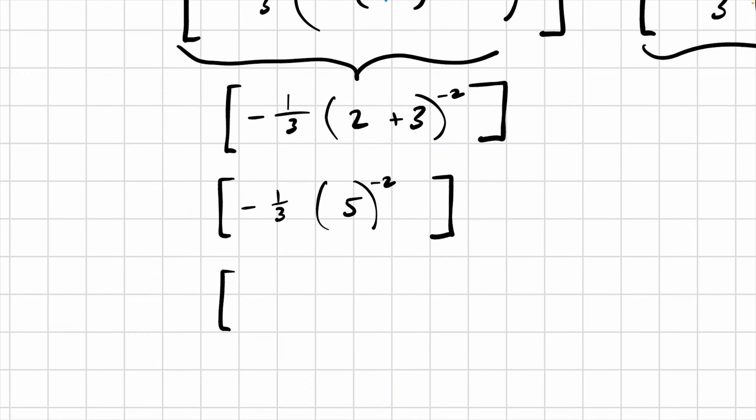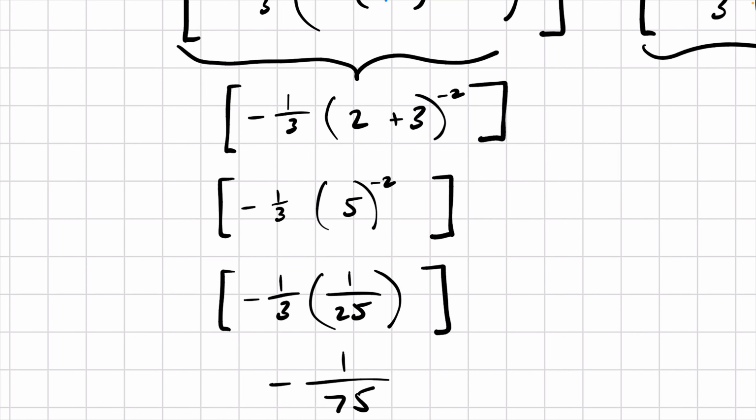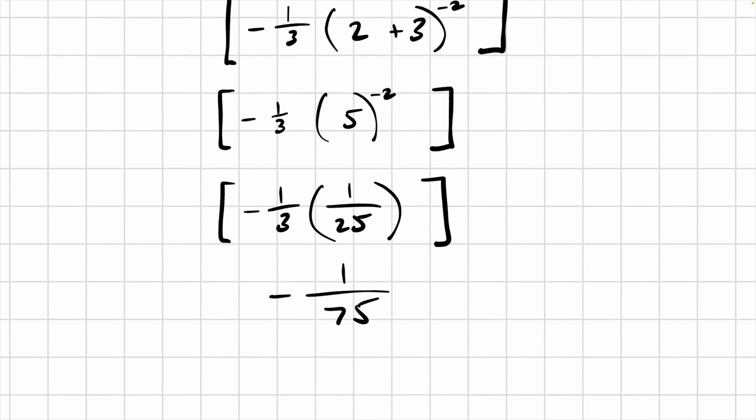In basic English, what does negative 2 power mean to do? Flip and square. So if I flip 5, what am I going to get? 1/5. Square that, what are you going to get? 1/25. So you get negative 1/75. What an answer.